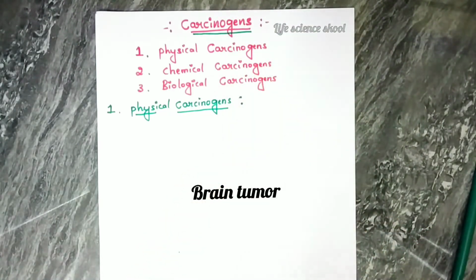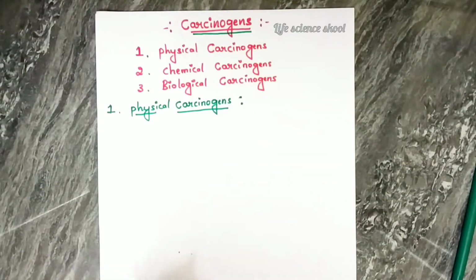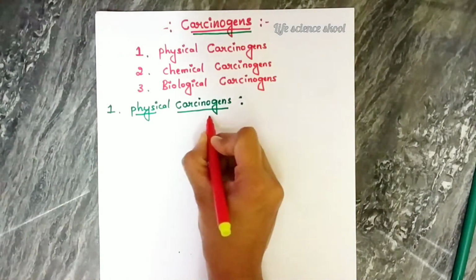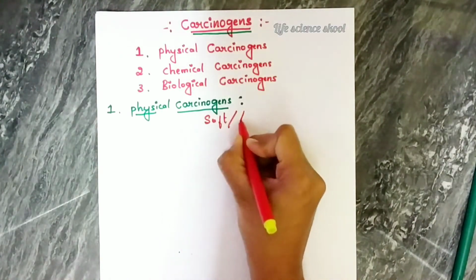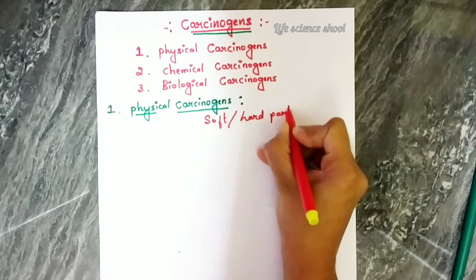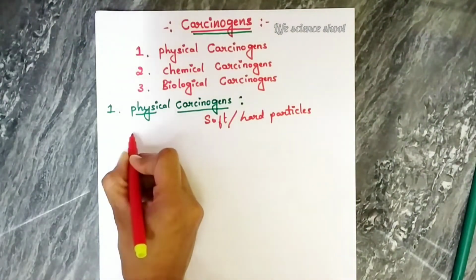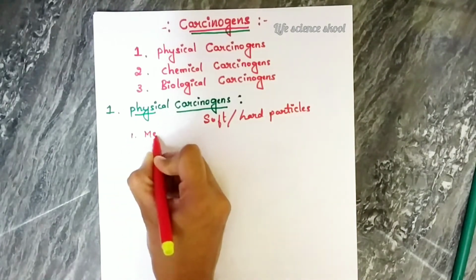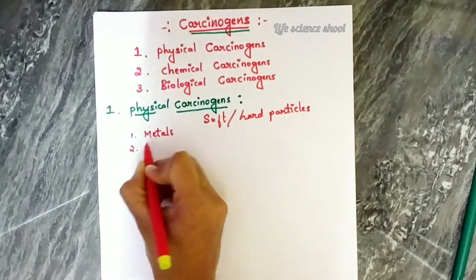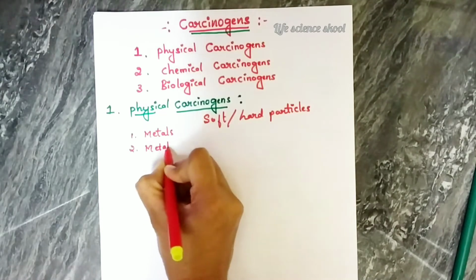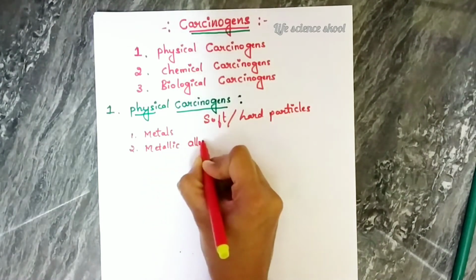So physical carcinogens are particles, soft or hard, which cause cancer. I will just give a quick recall here. In the examples I have given, they may include metals and metallic alloys.